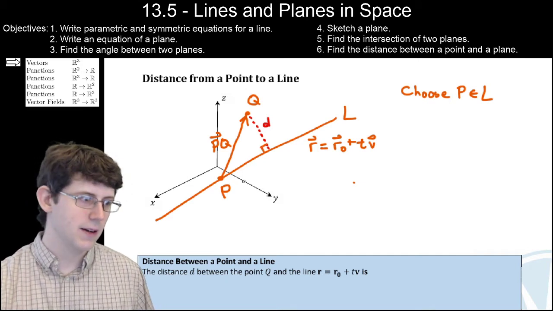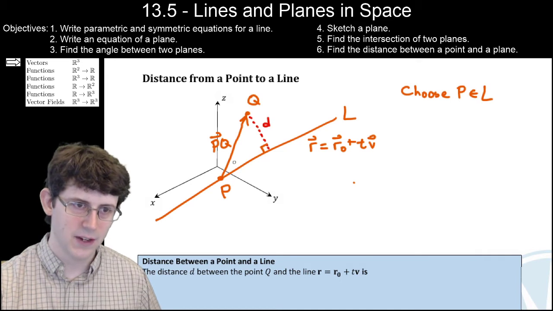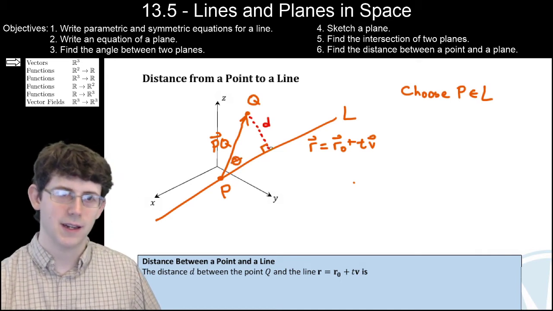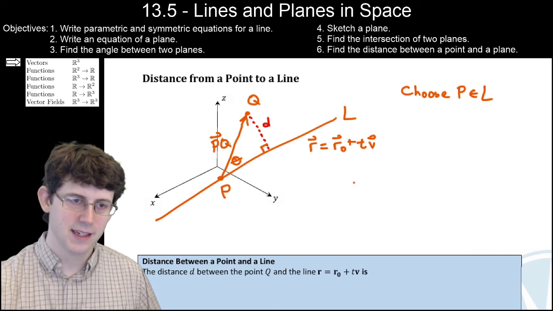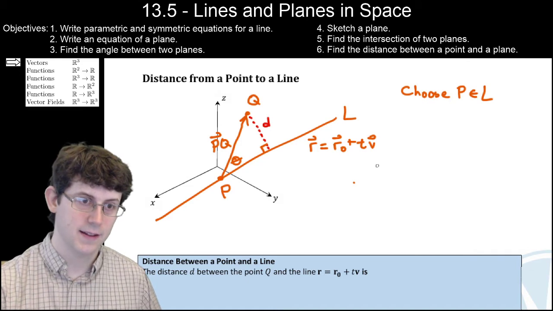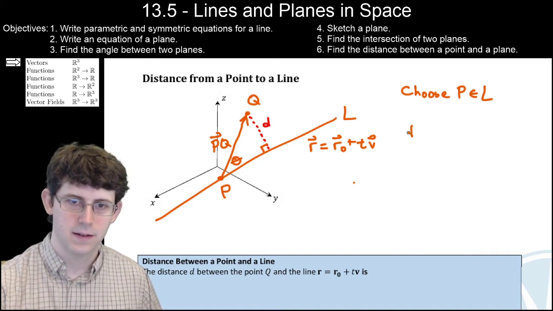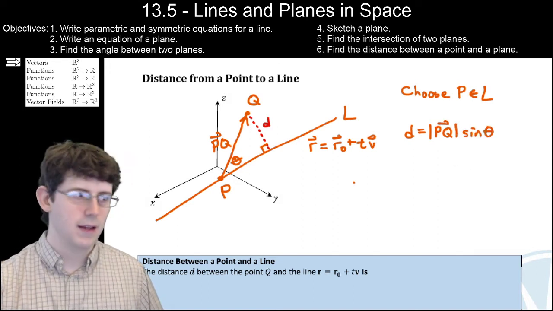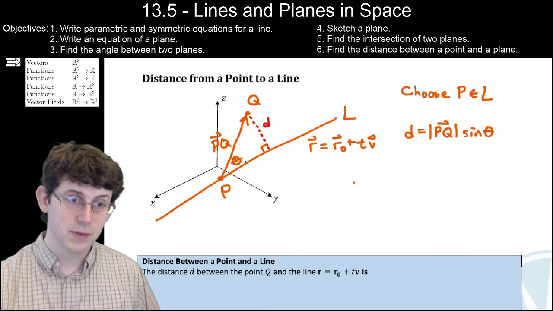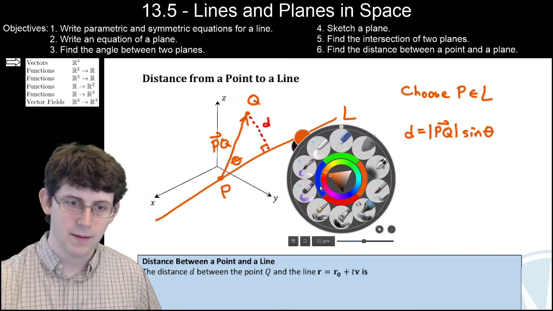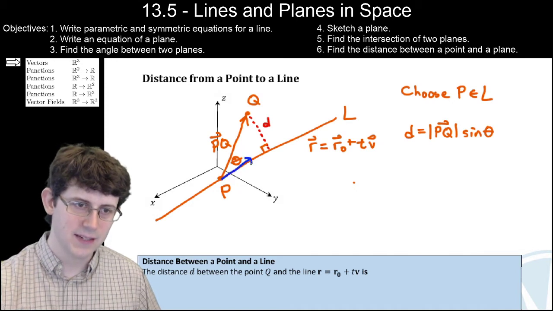Now you can say, whatever's going on here, this angle is important, and the distance is just the length of the hypotenuse times sine theta. And theta is the angle between PQ and this direction vector V, because the direction vector V is headed this way.